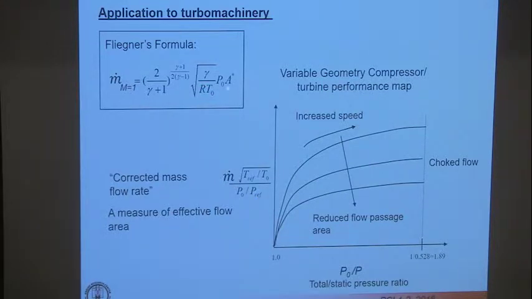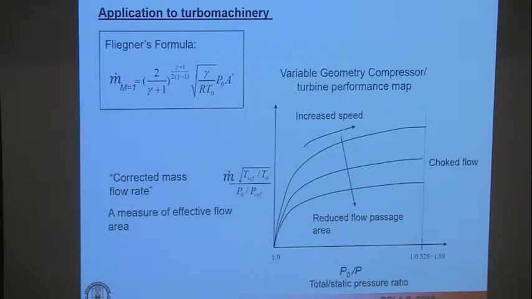It all comes from Fleetness formula. You can think of this grouping here as a measure of the effective flow area, our A star here. So when you look at turbocharger maps, you'll see them plotted against a corrected mass flow rate curve, and on this axis is the total to static pressure ratio.